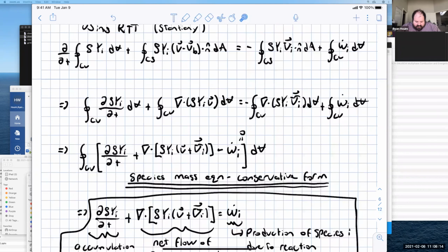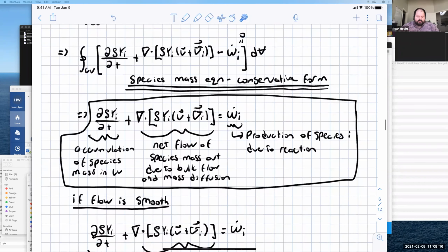And so if we do that, our differential form of the species mass equation is partial rho yi partial t plus the divergence of the species mass flux plus the diffusion mass flux, and that is equal to the net rate of production of species i due to chemical reaction.